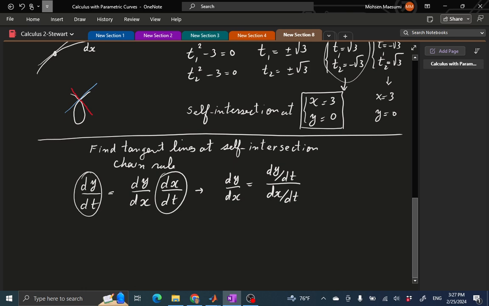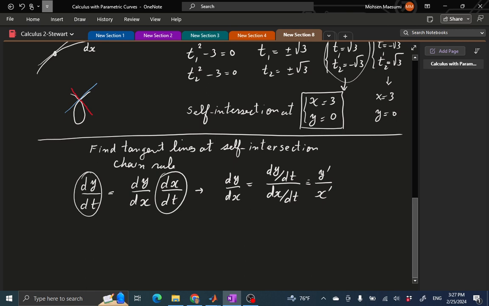In this section, we are going to use the following convention: y prime means derivative with respect to t, and x prime also means derivative with respect to t.